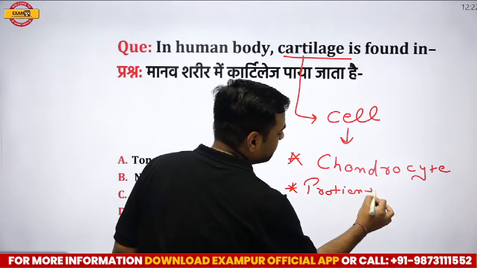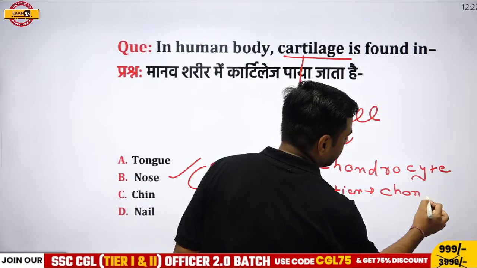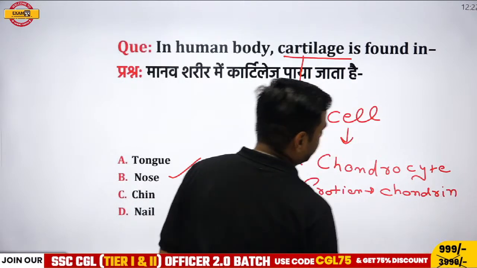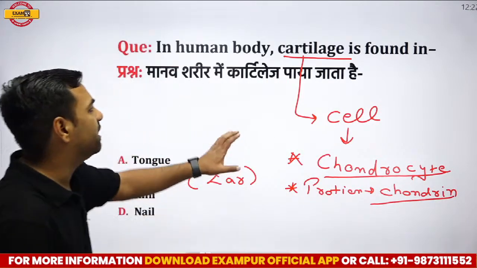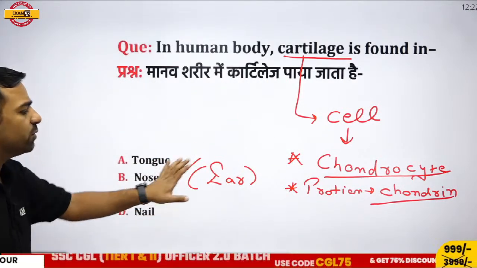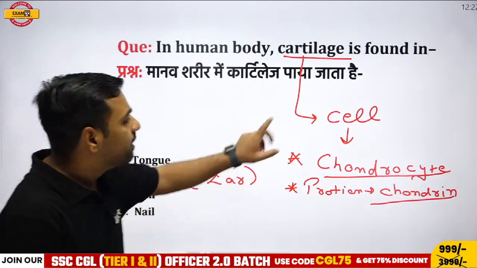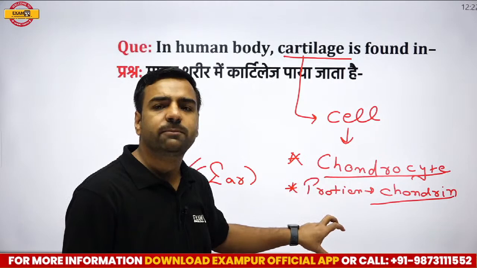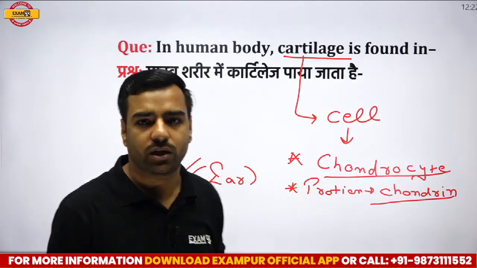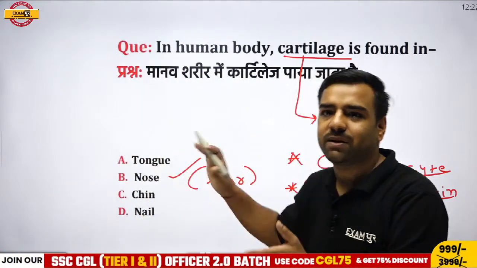The protein which is present here is chondrin. So please remember this chondrocyte and this chondrin. It is asked in the examination again and again. So cartilage is found in nose also, ear also, reproductive tract also. From which cell does it come? It comes from chondrocyte. And the protein which is present here is chondrin protein. Right? So we have done a 360 postmortem over here.